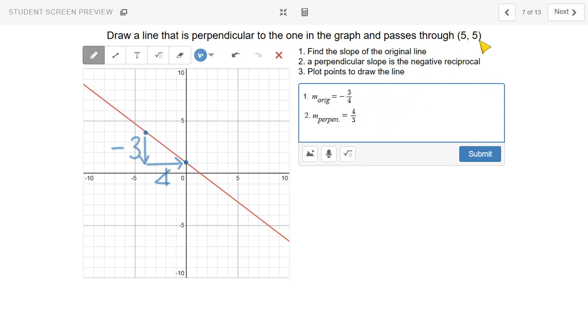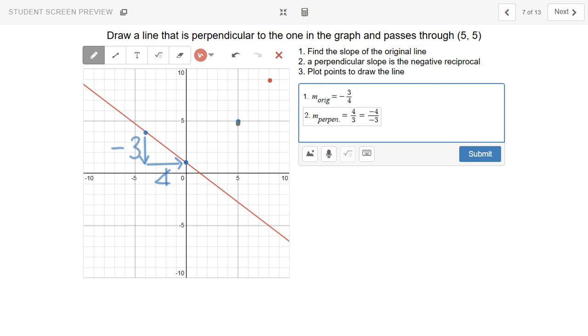Now, we're going to start at (5, 5), and we're going to plot the points to draw a line. Okay, we have a rise of 4, run of 3. 1, 2, 3, 4, run of 3. Now we know that an alternative to this, or an equivalent slope, would be -4 over -3.